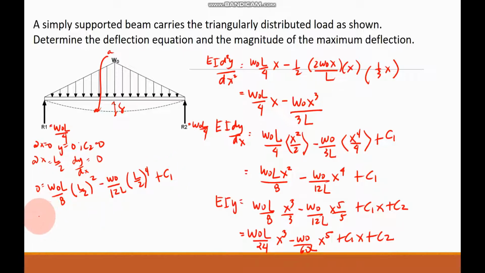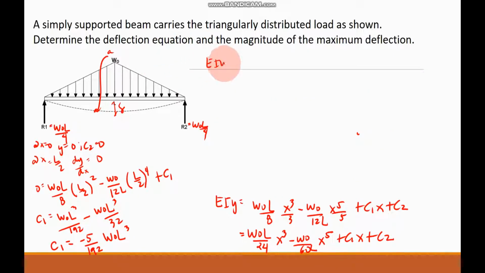Therefore, our C1 is equal to raised to 3 and then 192 minus, so simplifying it further, our constant 1 would now be equal to negative 5 all over 192 of W L raised to 3. So this is now our value for C1. And we are now ready to determine the deflection equation and the magnitude of the maximum deflection.